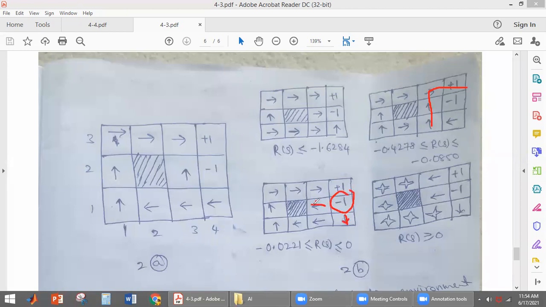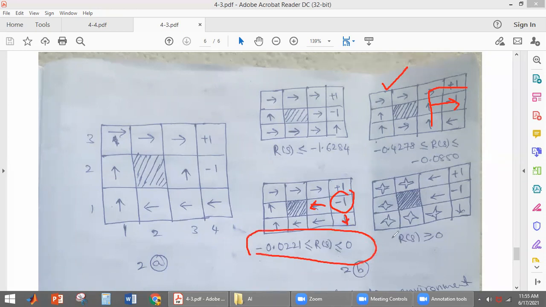What does this indicate? The agent never wants to take the risk of entering -1. Once it reaches here, it may enter this one. This risk of entering -1 should be avoided, and that is avoided in the third case. In the third case, the reward is in this range.